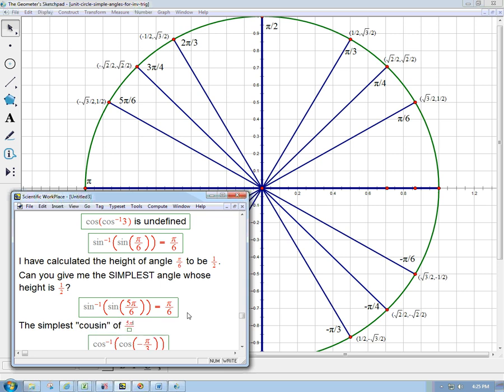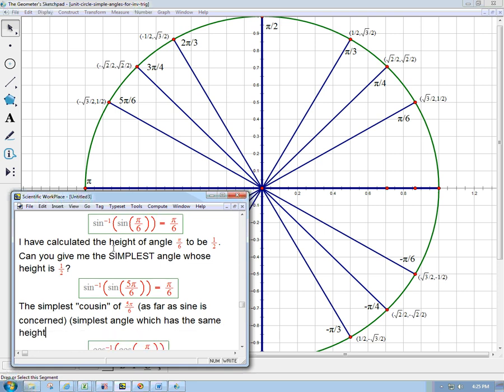Now it's a little bit rough terminology, because as far as sine is concerned, okay, I like to call it the simplest cousin. It doesn't give you back the same angle. It gives you back the simplest angle that has the same height. Okay, so that's a better way. That's a more precise way to say it. In this case, it's the simplest angle which has the same height.